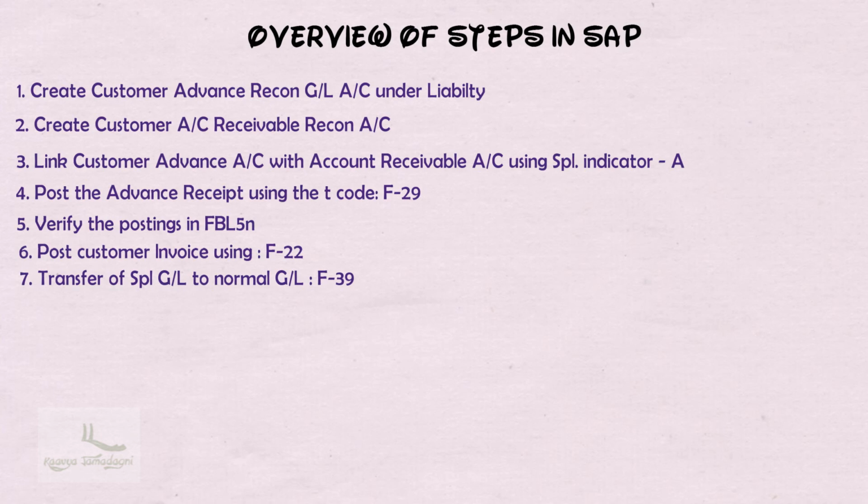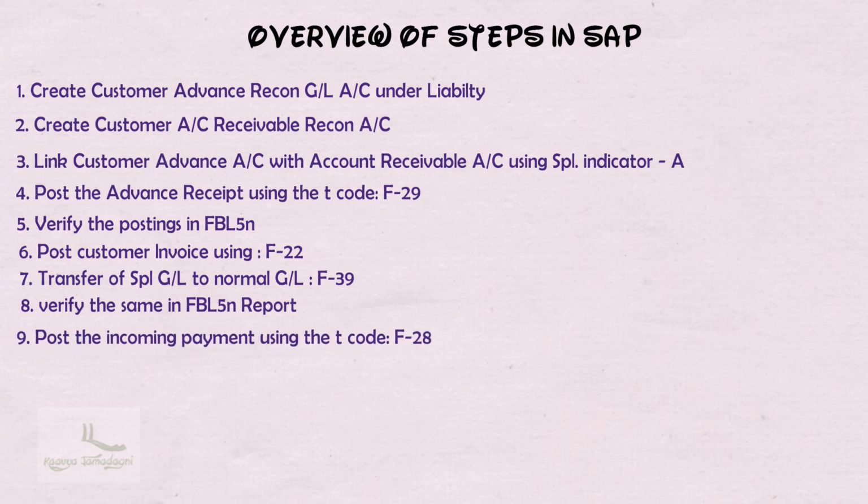If we do not do this, the total outstanding incoming payment will show the complete amount without deducting the advance amount. Then we will verify the same in the FBL5N report. Finally, we will post the incoming payment using the T code F-28 by deducting the advance payment.